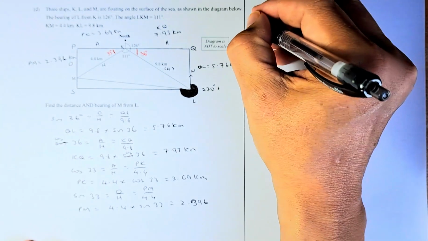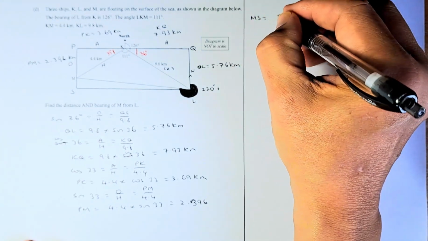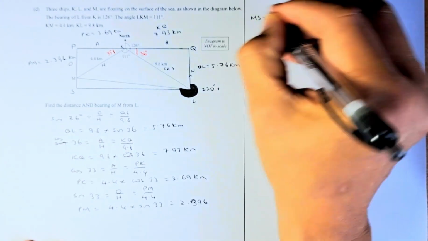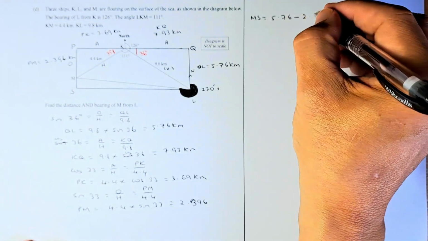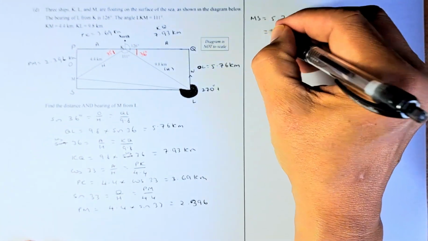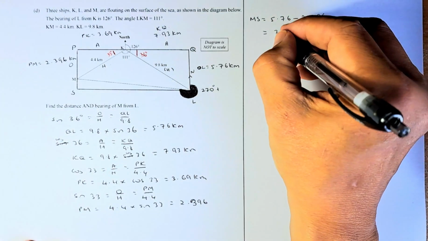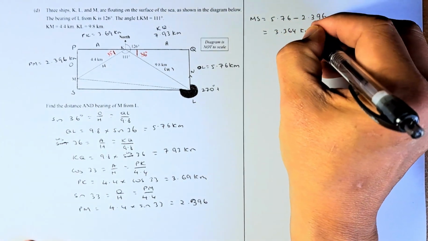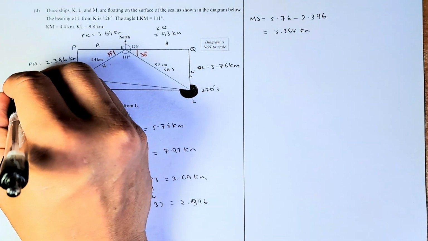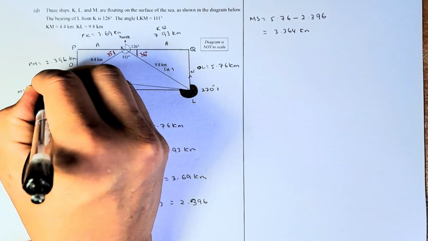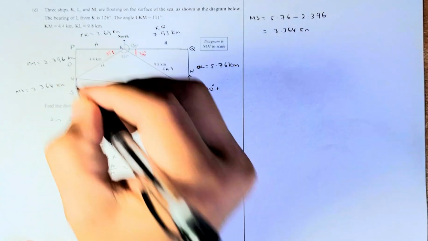So MS is 5.76 minus 2.396, which is 3.364 km.